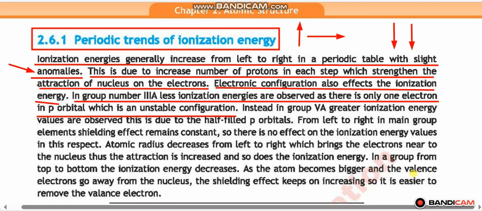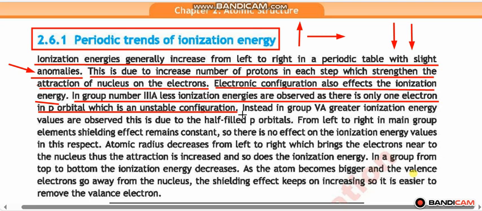Students, we will see that in group number 3A of the periodic table, we need less amount of energy. Why do we need less amount of energy? That is because they have one electron in their p orbital, and since p orbital is higher in energy, the electron already has a higher amount of energy, that is, it is more energetic, and for the removal of that electron we need less amount of energy.